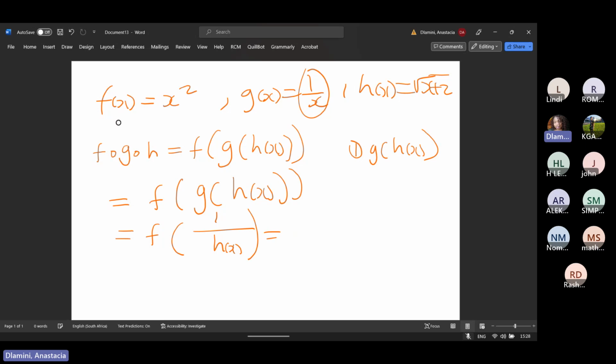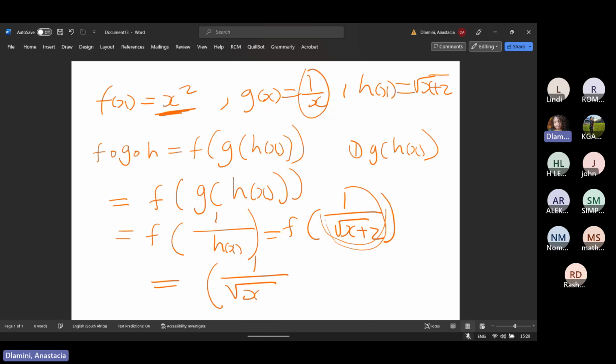So 1 over h of x is the same as 1 over square root of x plus 2. You take this and put it into the original function, I mean x squared, because wherever I see x, I put this expression. So this is 1 over square root of x plus 2, all squared. This is 1 squared over square root of x plus 2 squared. This is 1 over x plus 2.